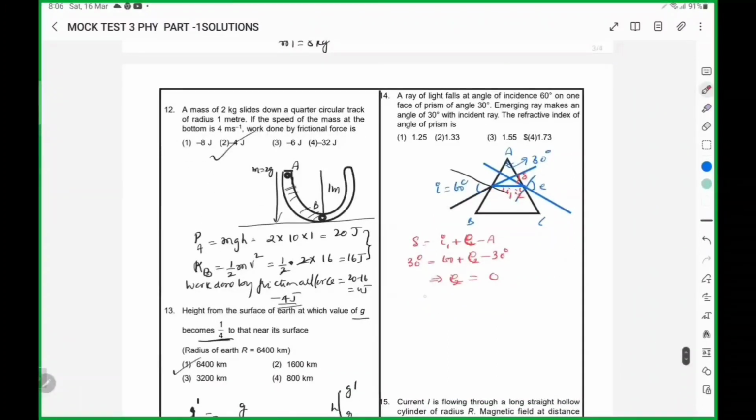To find the refractive index using Snell's law, let us apply at P. When the ray enters from air medium to glass medium, 1 into sine 60 is equal to mu into sine I1.